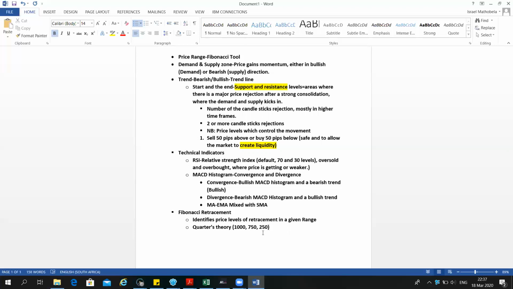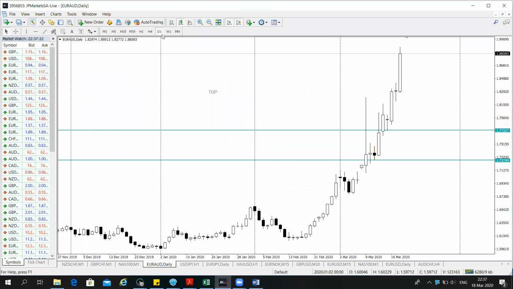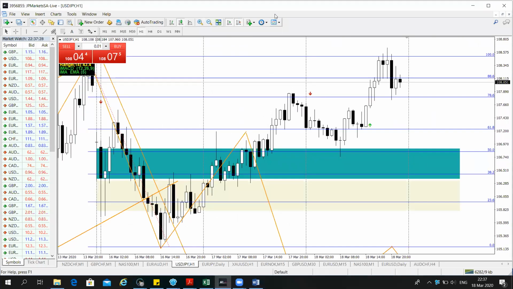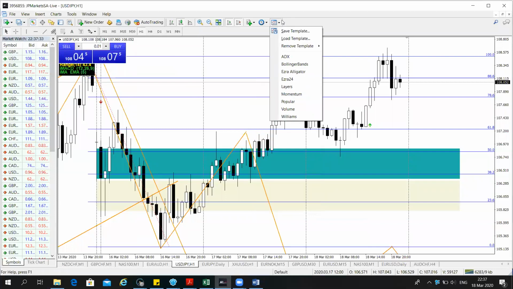That is where price gets to change on a 750 and a 250 level. I'll just show it on a, in fact, let me just go quickly on it. This is Euro odd. We can go back on a 4-hour time frame, or we can just find something better because the market has been a bit choppy lately because of the coronavirus.